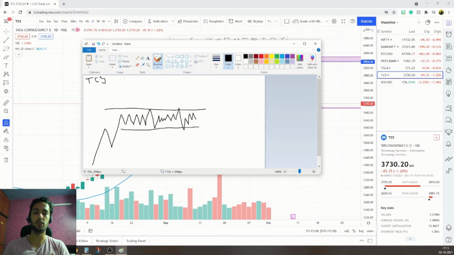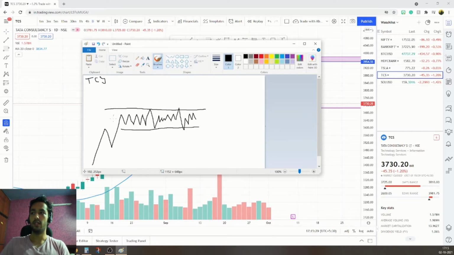Now coming to distribution. In distribution, you will see the same behavior: the share will be moving in some range and the volume will be really less, right? And then suddenly the price will start falling.